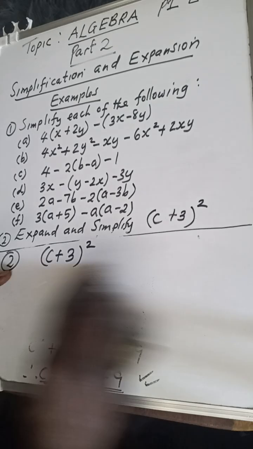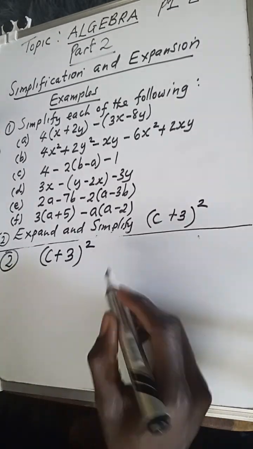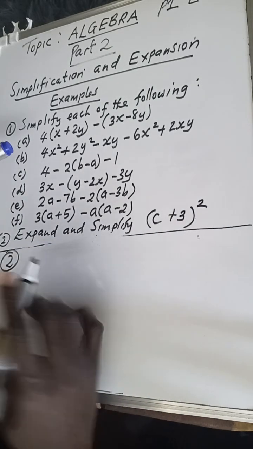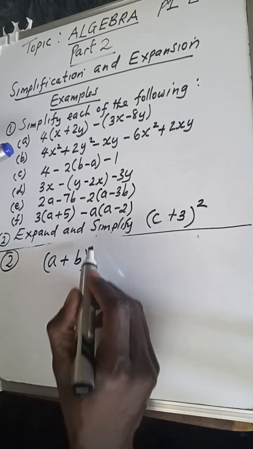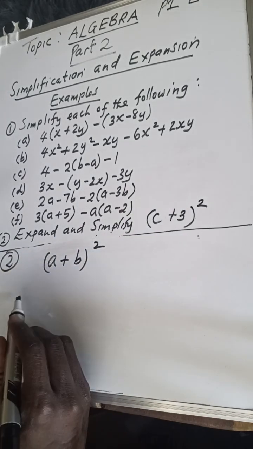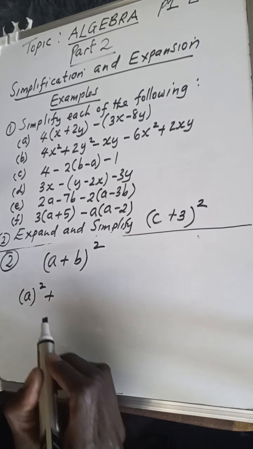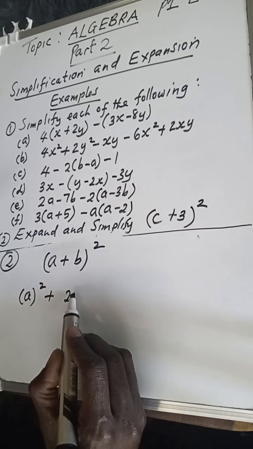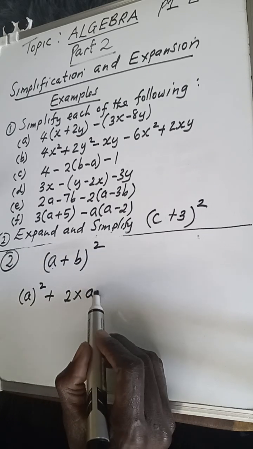Of course, you can also do a quick one when you're expanding such a term. Let me give you just an idea. For example, if you have a term a plus b raised to the power 2 and you want to expand, a quicker way of doing that: you get the first term, you raise it to the power 2, plus the sign there, then to get the middle term, you get that 2, you multiply it by that a, you multiply by that b.